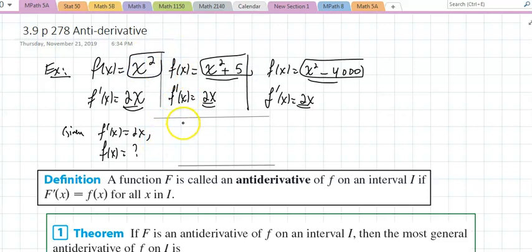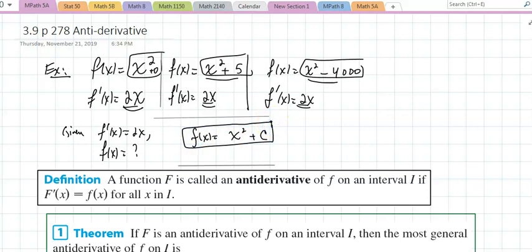So you would say, well, okay, I know all of them have one thing in common. You would say f of x must have had an x squared, but it could have had x squared plus 0 or 5 or negative 4000 to compensate for the constant, since the derivative of a constant is always 0.